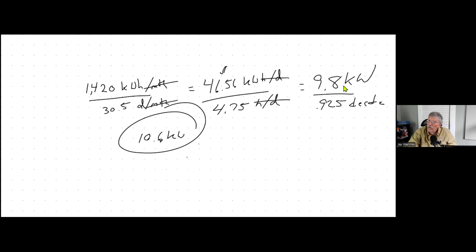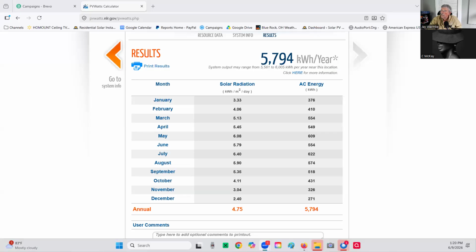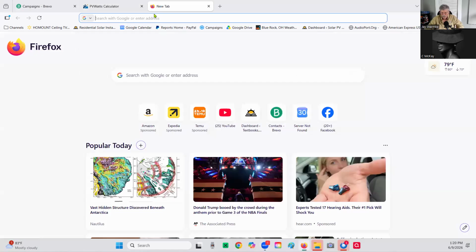So now that we figured out our array, I want to go shopping for inverters.